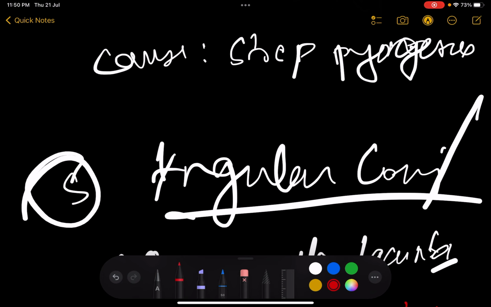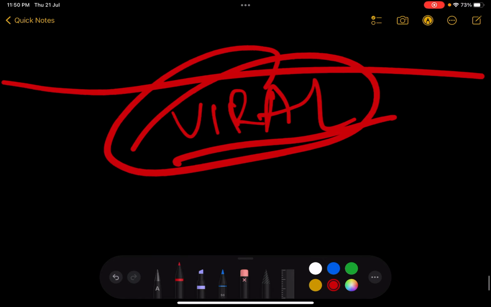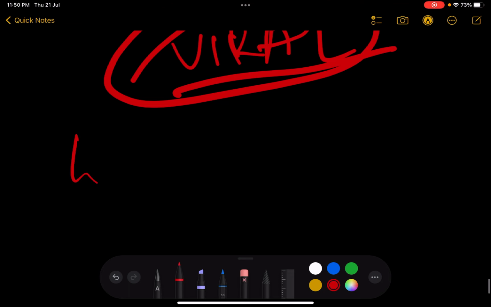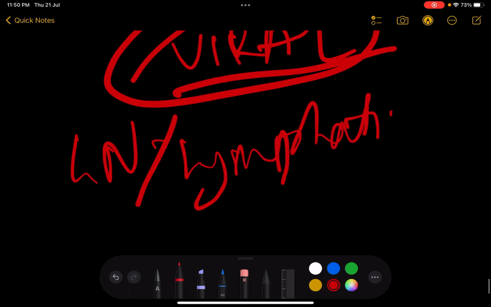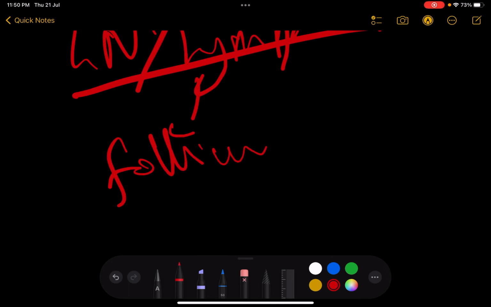Now, another type of conjunctivitis that you want to talk about is viral conjunctivitis. Viral infection usually involves the lymph nodes or the lymphatics. That's just basic pathology. So because of that, obviously there's going to be a follicular reaction. And what kind of discharge is seen?